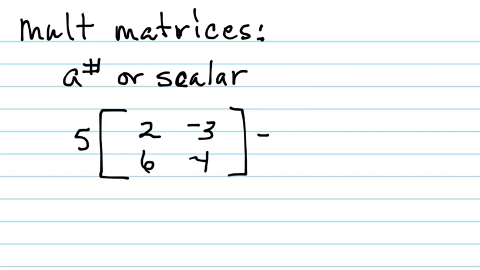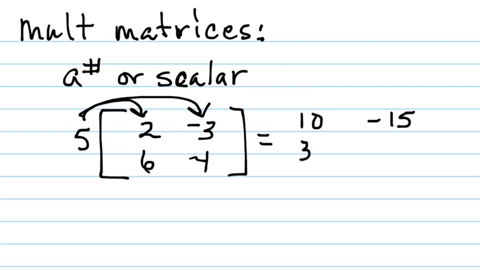And when you're multiplying with anything in front of a parentheses, it means that you have to multiply that number times everything inside the parentheses. So you're simply going to distribute that 5 times every single number inside. So 5 times 2 is 10, 5 times negative 3 is negative 15, 5 times 6 is 30, 5 times 4 is 20, and remember we started with a matrix, so we end with a matrix.